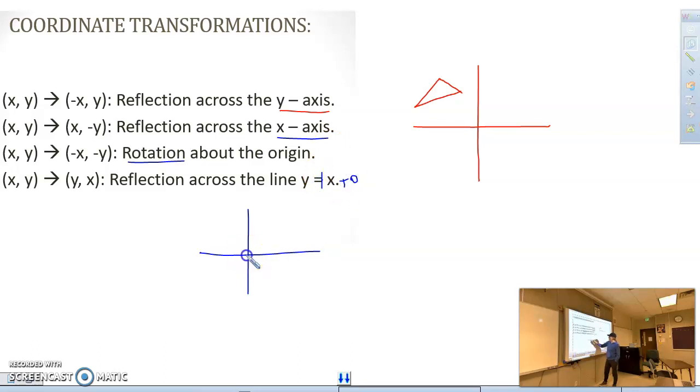So you have a y-intercept of 0 and a slope of 1. That is the line y equals x. So when you interchange the x and the y, it turns into a reflection over this diagonal line. You'll do that a lot next year. We are not going to do much with that this year.